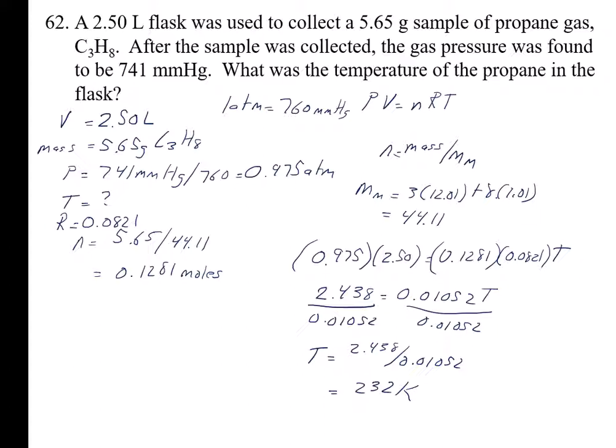If it asks for the temperature in Celsius, which your worksheet does, then I would need to subtract 273. 232 minus 273 gives me negative 41 degrees C. You can stop here for this problem because it doesn't specify. If it does specify, then you would need to go on to here.